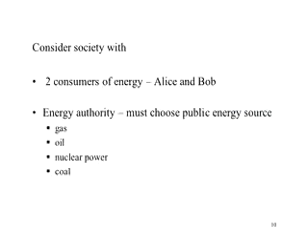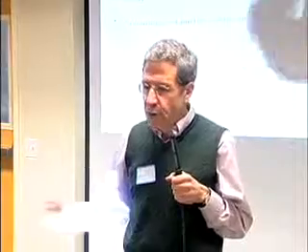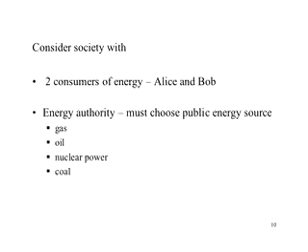Very simple example. Let's imagine that there's a society that consists of just two people. We'll call them Alice and Bob, and this society is concerned with energy. So Alice and Bob are two consumers of energy. Energy is going to be provided publicly.